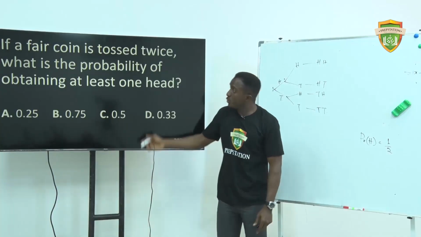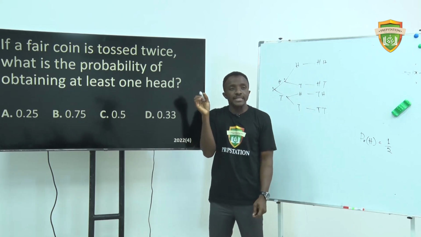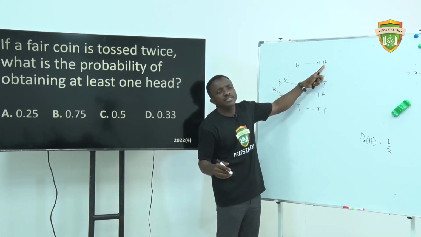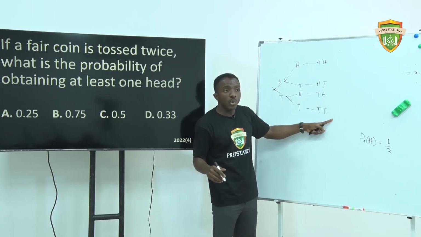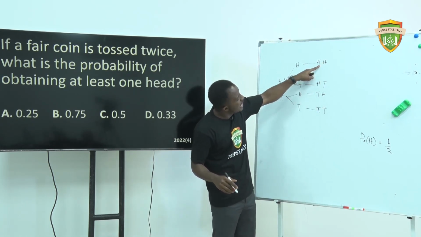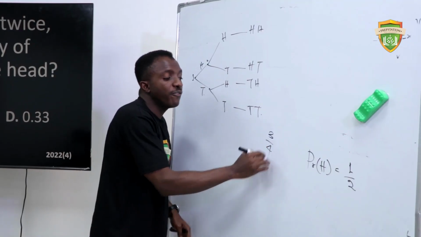The question says we should find the probability of obtaining at least 1 head. What it means is that it can be 1, it can be 2. I can see 2 heads here, so this is 1. 1 head here, 1 head here. There is no head here. Out of 4 of these outcomes, I can see at least a head in 3. So that is 3 over 4.